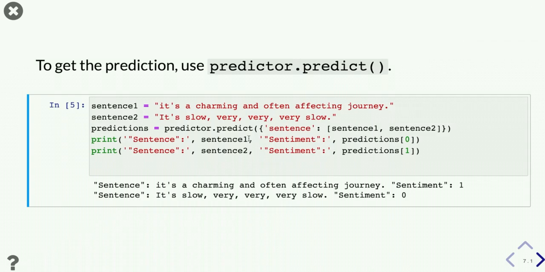Now let's see the results. For the first sentence, "It's a charming and often affecting journey," the sentiment is predicted to be positive. And for the second sentence, "It's slow, very, very, very slow," the sentiment is predicted to be negative.